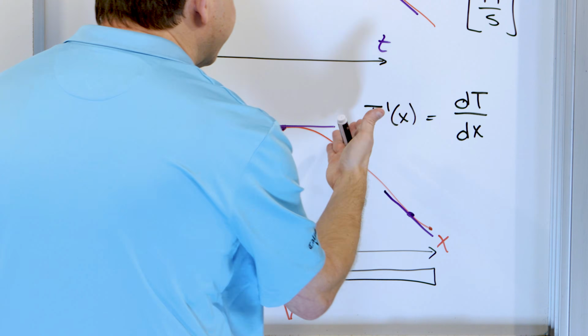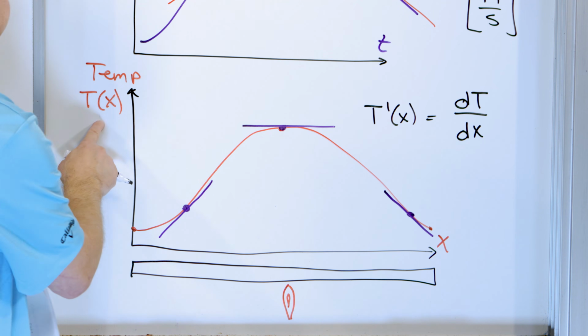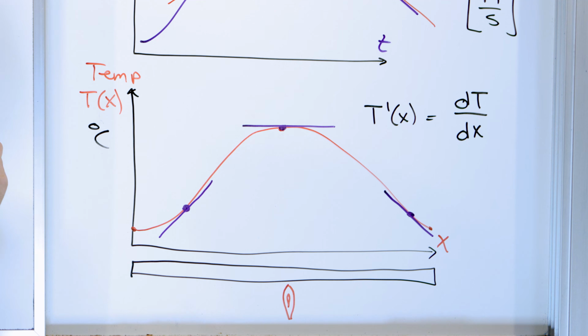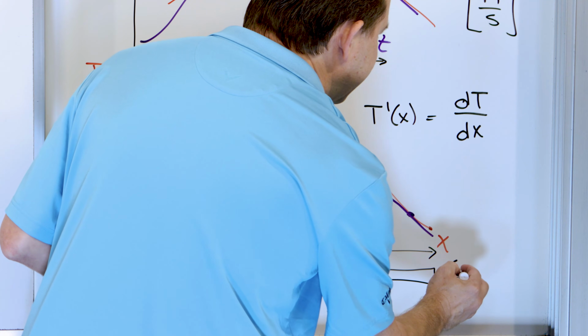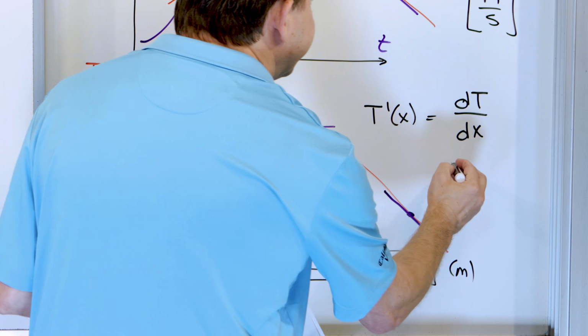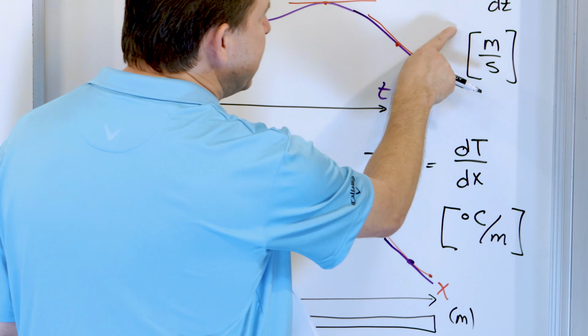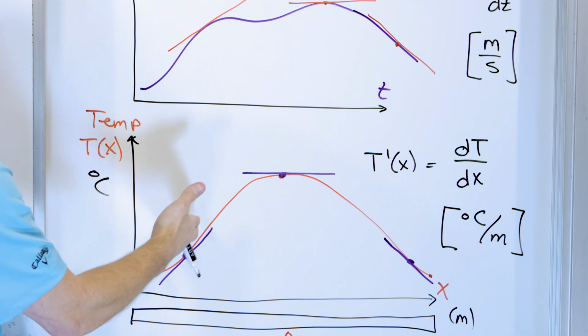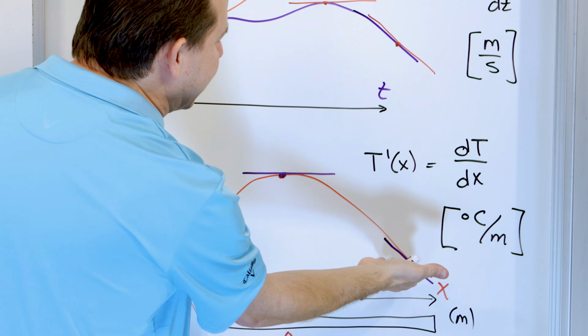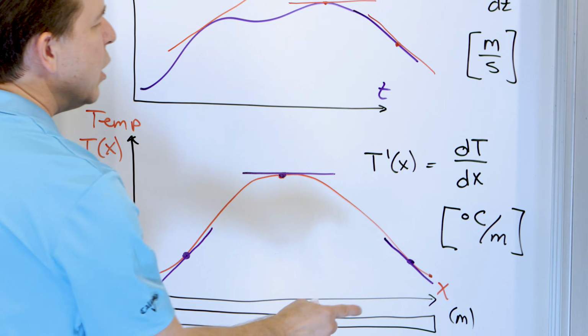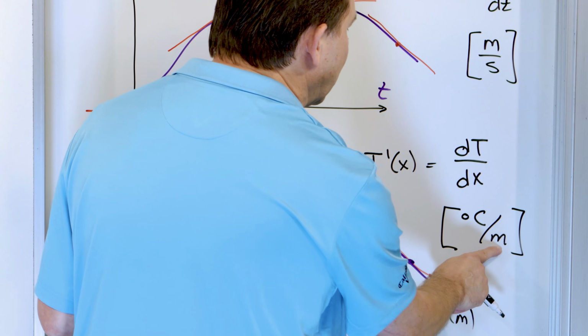And what would be the units of any of these derivatives? Well, if the units of this were in degrees Celsius and the units of this were in meters along the bar, then the units of the derivative would be degrees Celsius per meter. Just like it was meters per second, here the units of the derivative, the rate of change at any point along that bar, would be degrees Celsius per meter.